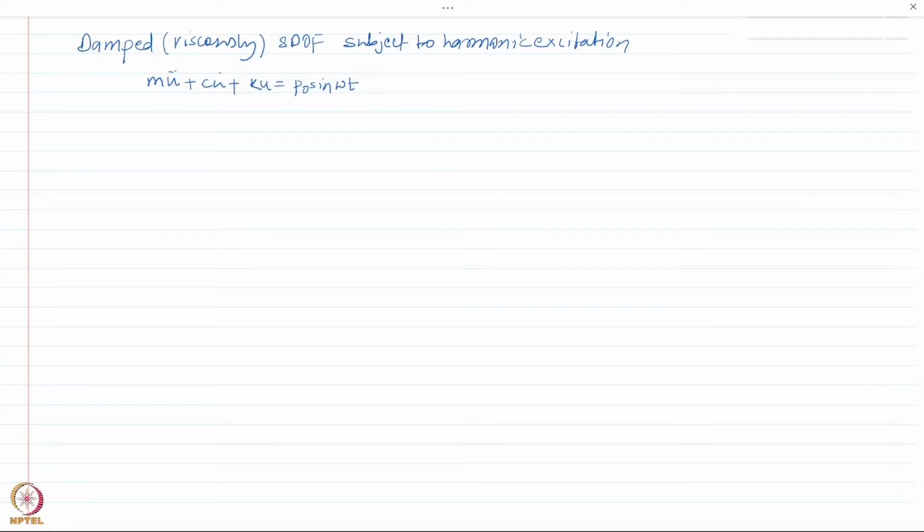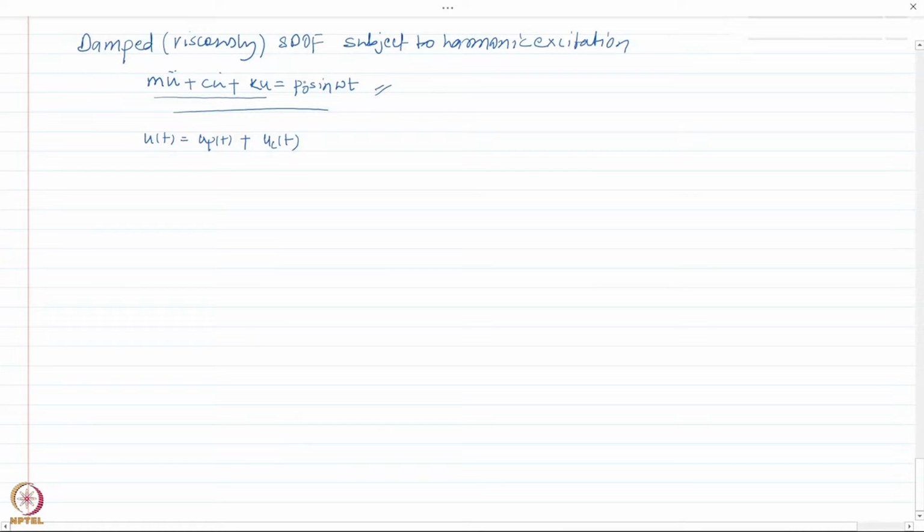Now we already know that if we have a linear second order differential equation, the total response can be written as the sum of the particular solution plus the complementary solution, where the particular solution is any unique solution that satisfies this equation, and the complementary solution is the solution to the homogeneous part of this equation, obtained by setting the right hand side equal to 0.